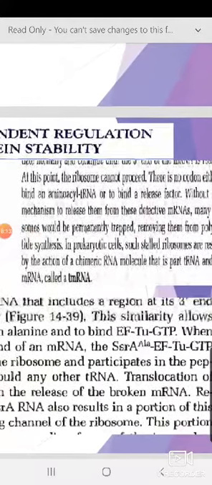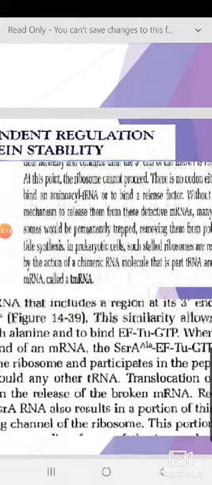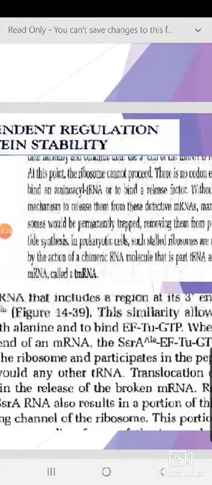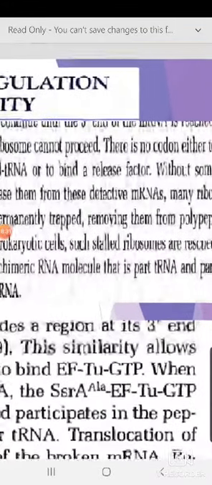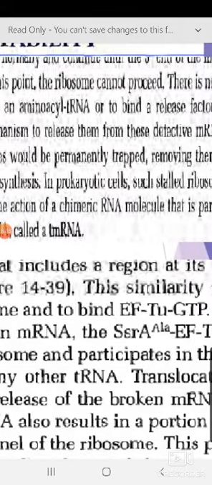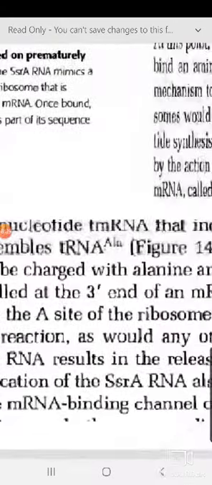Without some mechanism to release them from the defective mRNA, many ribosomes would be permanently trapped, removing them from polypeptide synthesis in prokaryotic cells. Such stalled ribosomes are rescued by the action of a chimeric RNA molecule that is part tRNA and part mRNA.